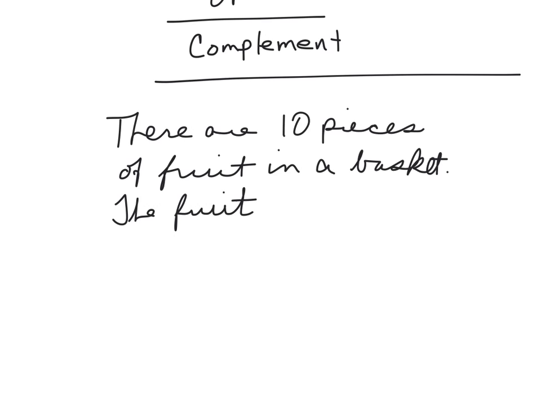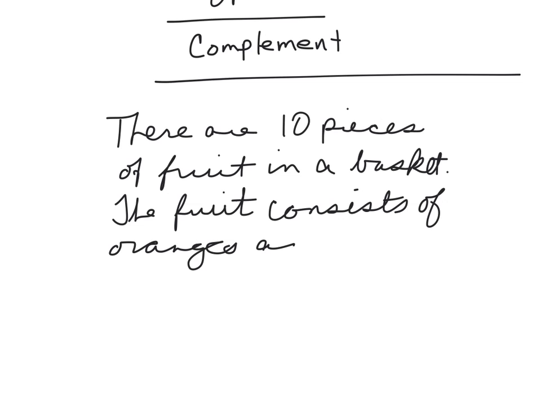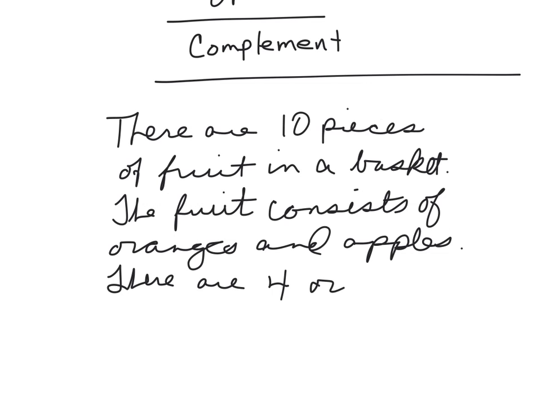The fruit consists of oranges and apples. There are 4 oranges. How many apples?